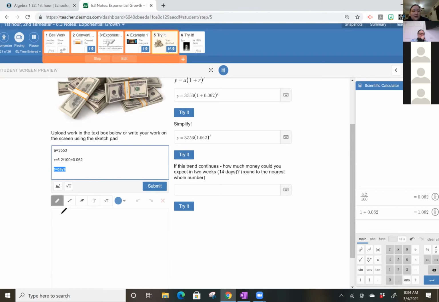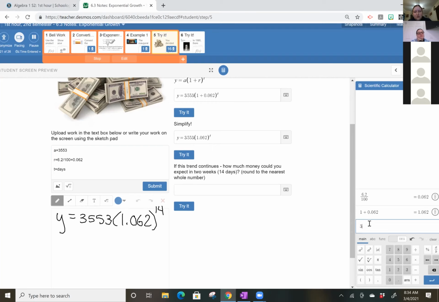So this is the work that I need to see, either in the calculator or on your sketch pad. So I'm going to put a 14 in the exponent, and then I'm just going to let the calculator do the work. Can't be any easier than this, guys.